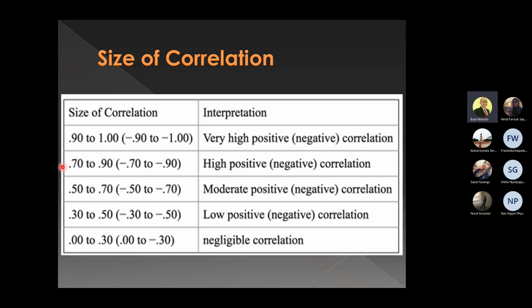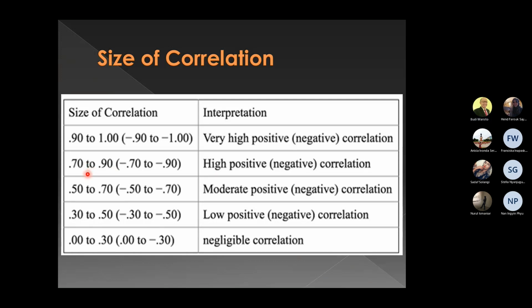And then when the value of the correlation is between 0.7 and 0.9, we can interpret that they have a high positive or negative correlation.